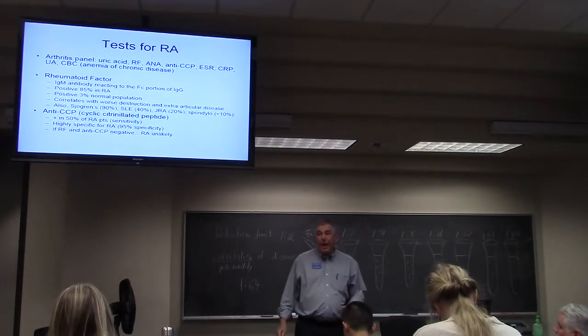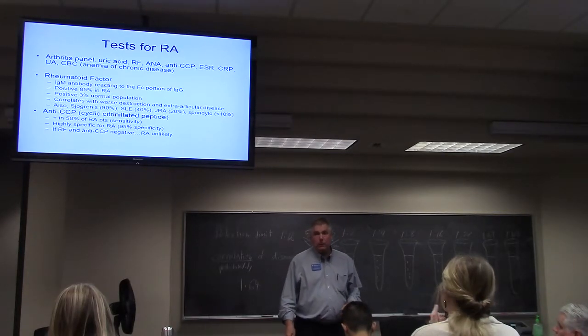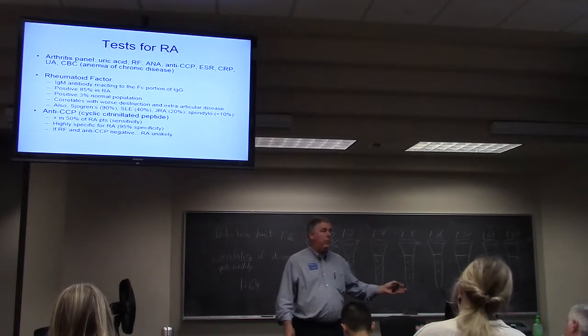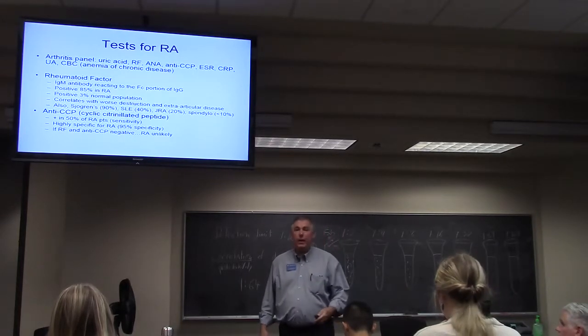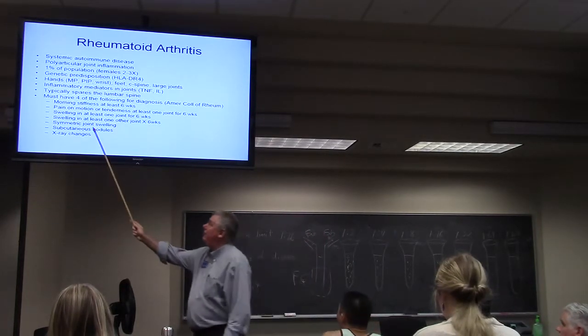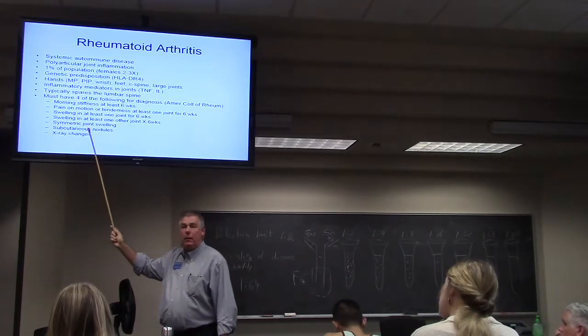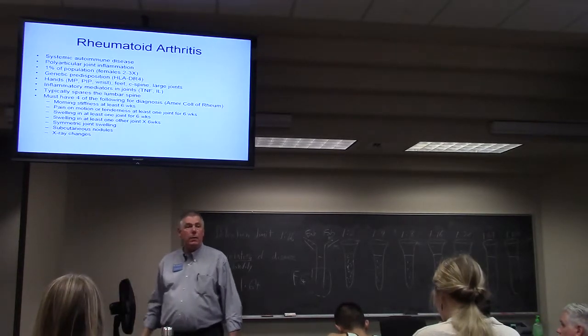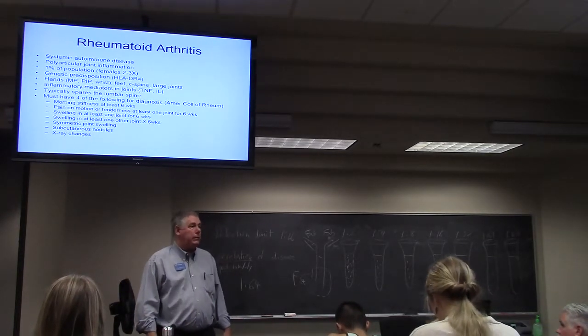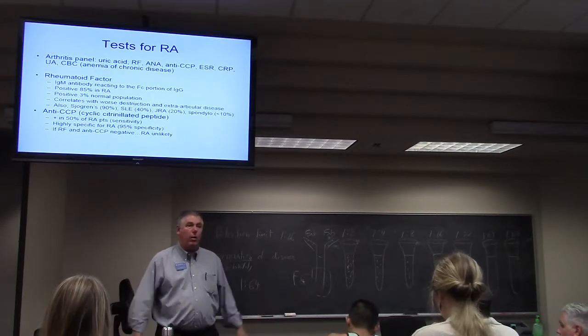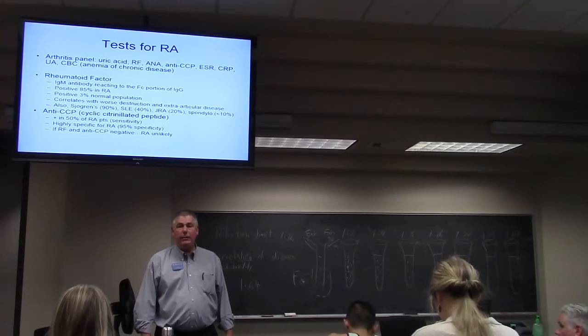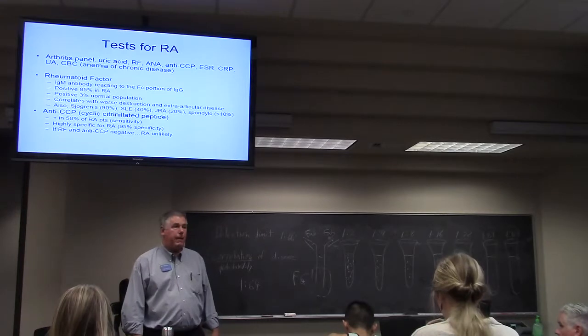And I've used that a lot. A person comes in with musculoskeletal complaints that sort of fit these criteria here, and RA is on my differential. Just get an RF and an anti-CCP. You've got your answer.